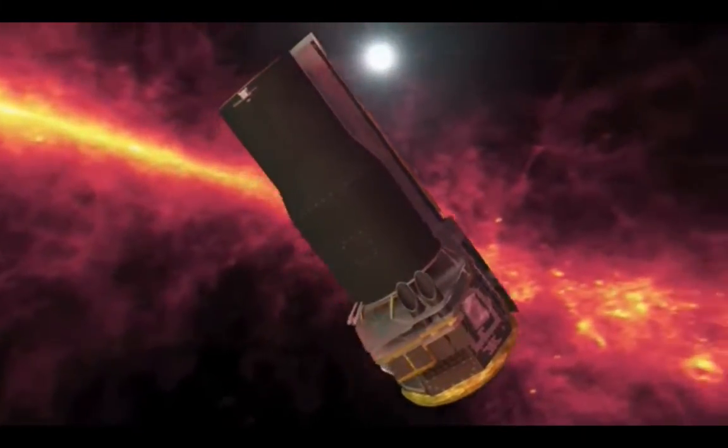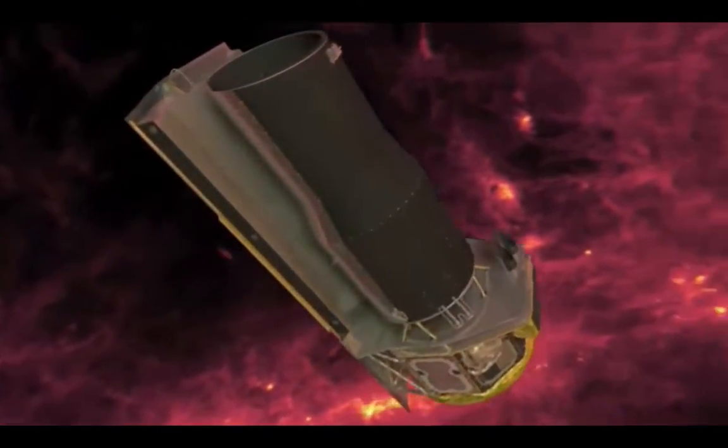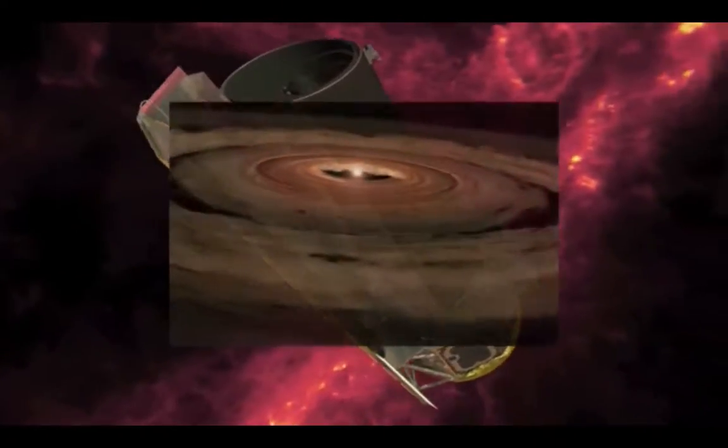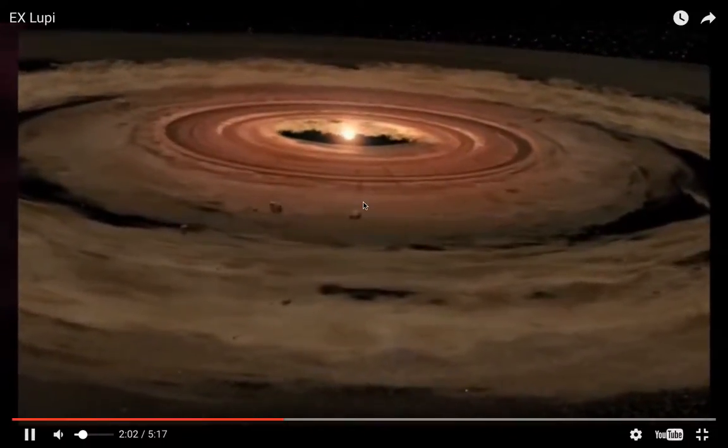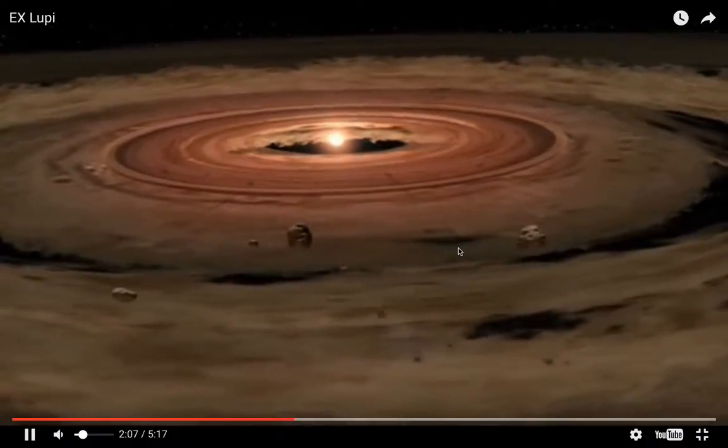These planetesimals will collide and grow in size, and eventually form the objects we are living on: planets, moons, satellites, comets, and asteroids. All these chunks that you can see right here are called planetesimals.